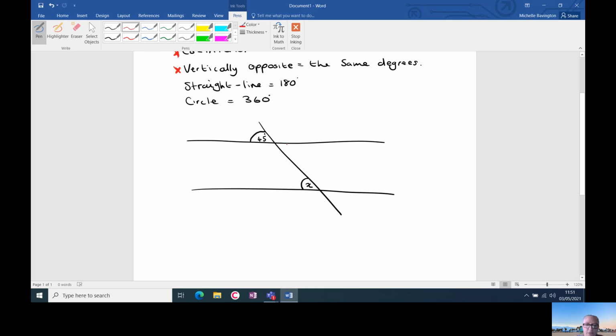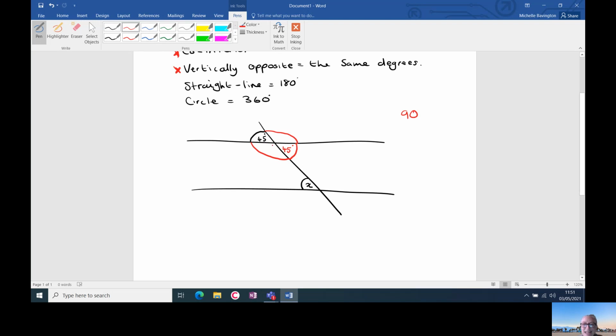You know, I'm going to do the easiest first. Let's do the vertically opposite. 45 degrees. Hold on, if I've got that and I've got that, that means I've got 90. I can work out what that is, and that is.